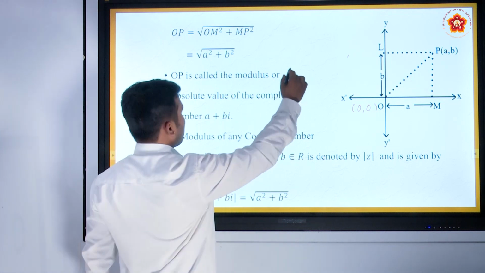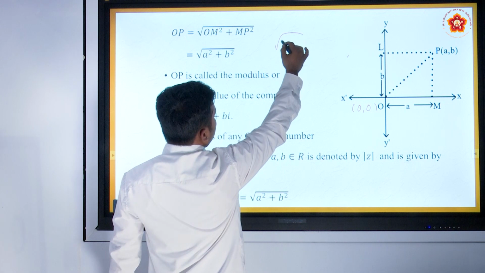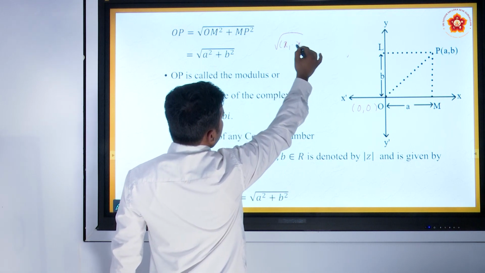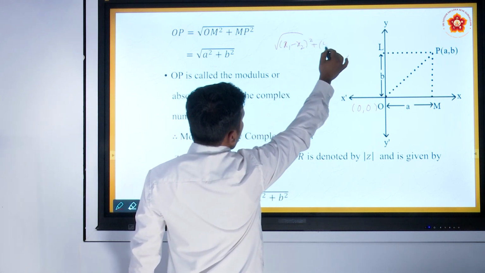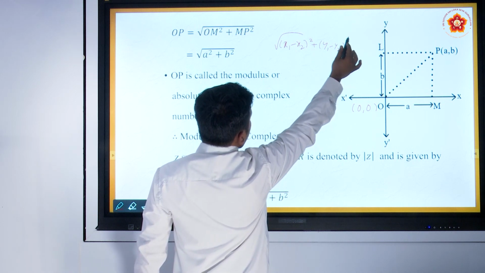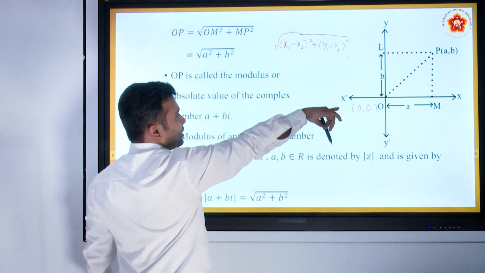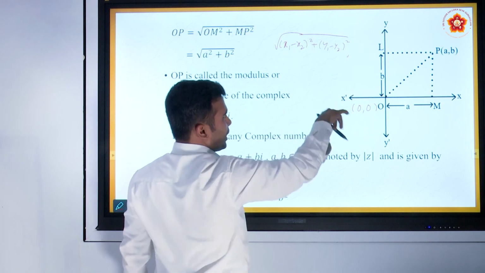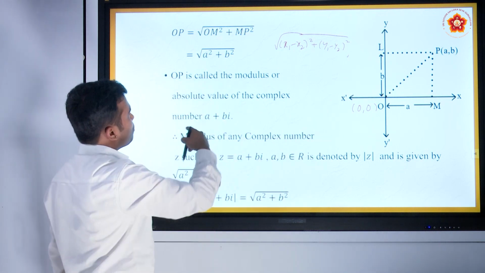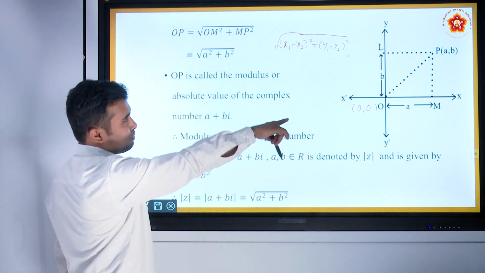What is the distance formula? As you know, it is the square root of (x1 minus x2) whole square plus (y1 minus y2) whole square. You can take x1, y1, x2, y2 and use that formula and you will get it, or you can use the Pythagoras theorem.